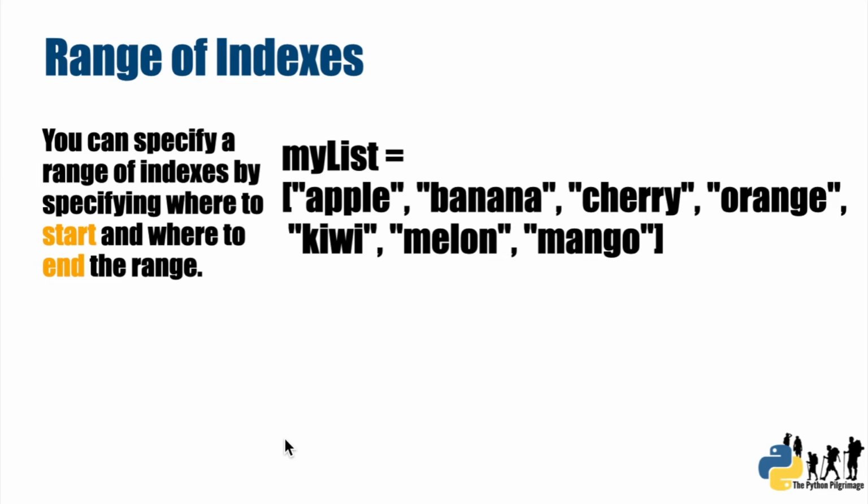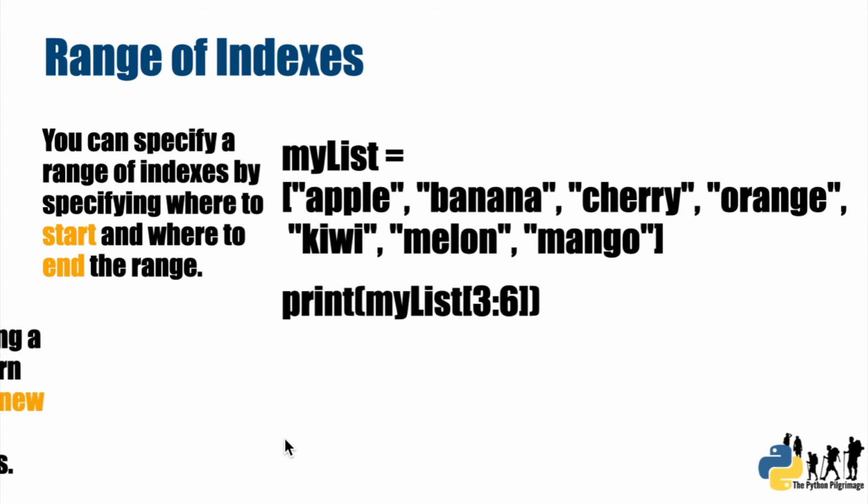For example, let's print out my list 3 up to 6. 3 is your start range, so it will be included, and the end range is like a stop indicator. It will stop at that index, but that index will not be included.